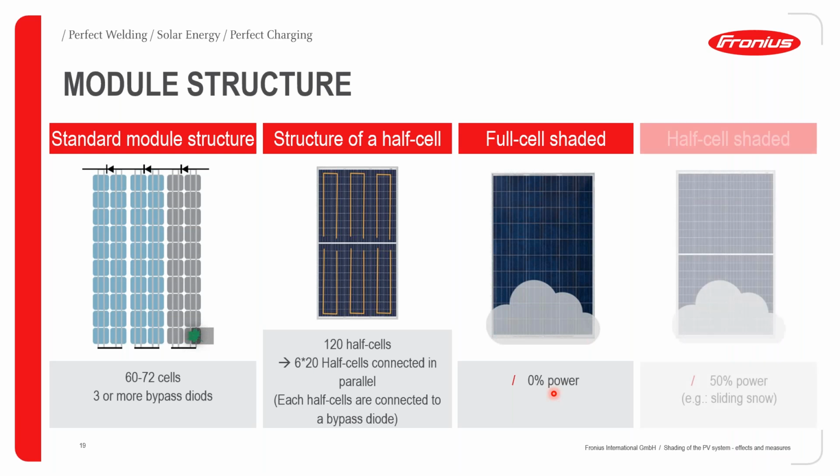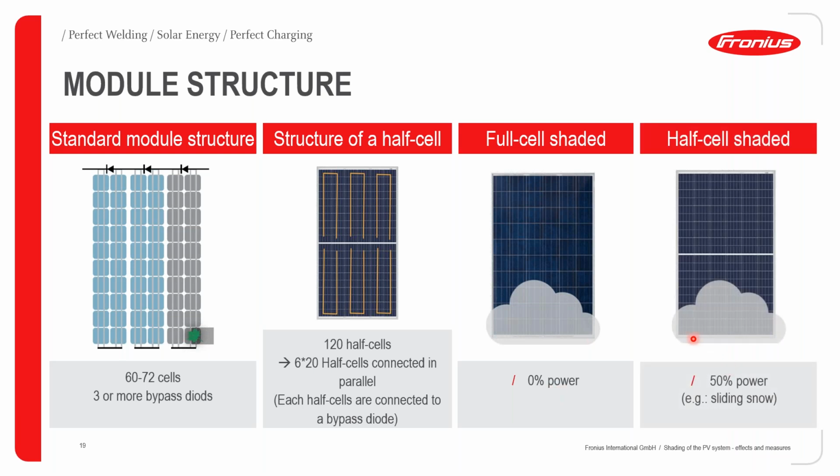But in the case of half cells, in the same condition, if you have a shadow cast by a tree or melting ice, only 50% power will be cut off. So you can be sure that you have 50% power generation from this module because of the half cell structure. This very much mitigates the effect of shading on the module.